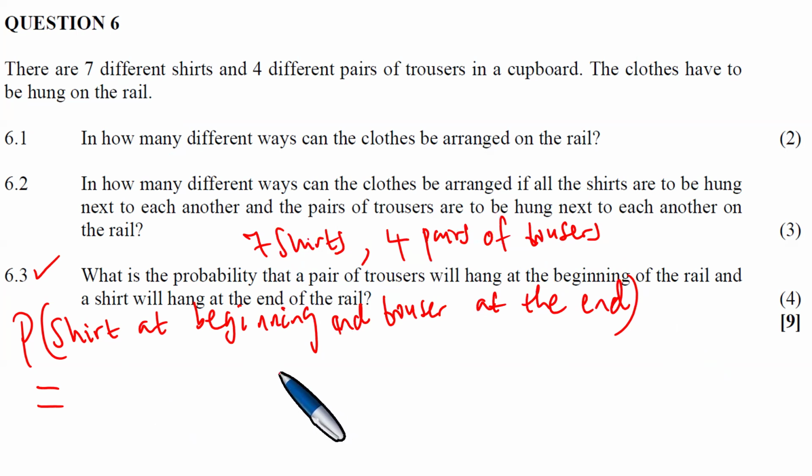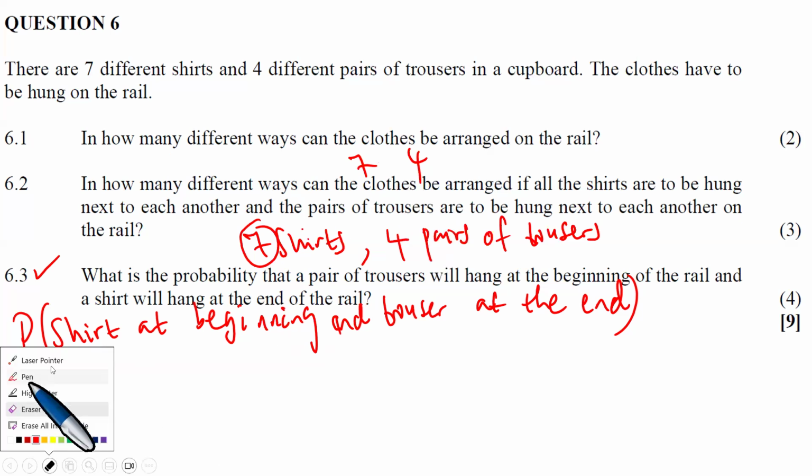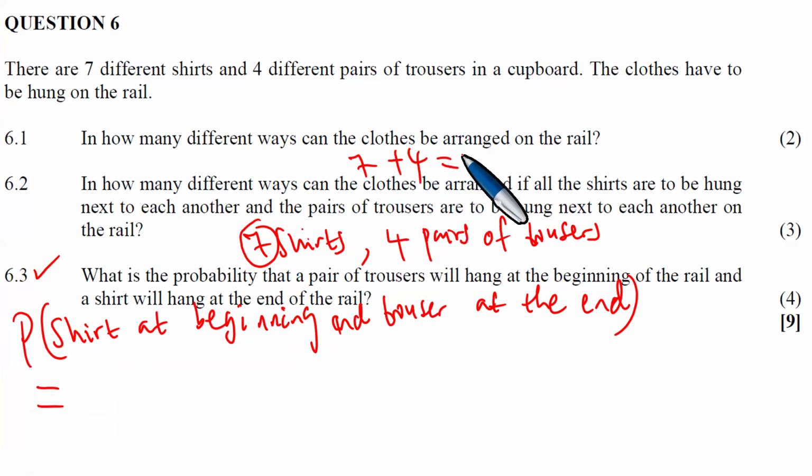Okay, let's discuss this together. So now you are dealing with a total of 7 plus 4. What is 7 plus 4? It's 11. That you know so well.